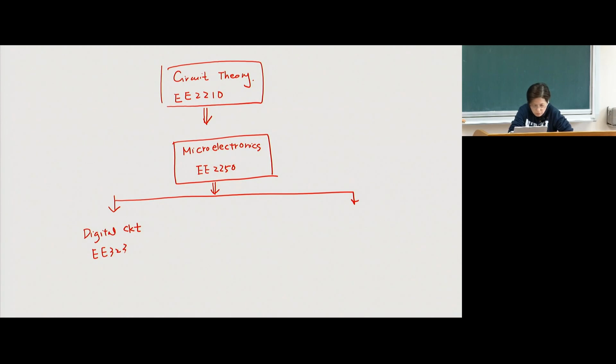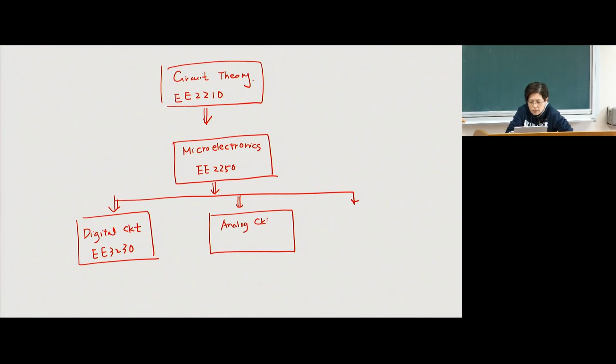So that's EE3230. I just want to make sure I got it right. And then, of course, if you want to do more discussion on analog circuits, there's analog circuits. That's EE3235.